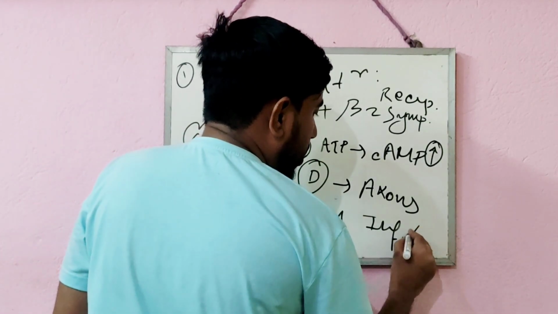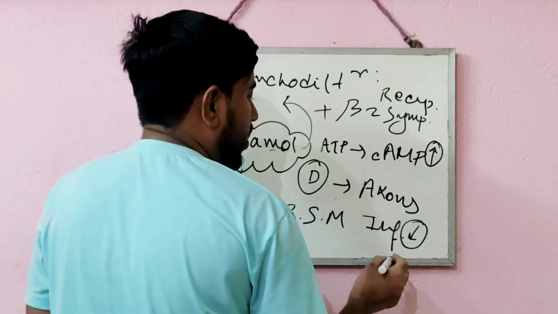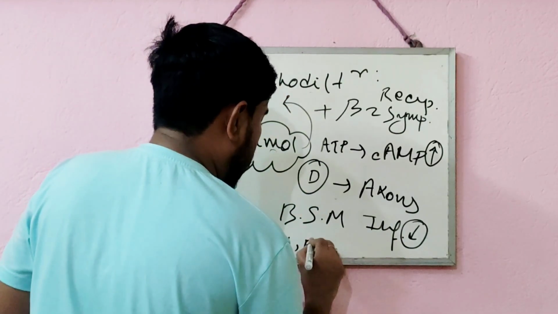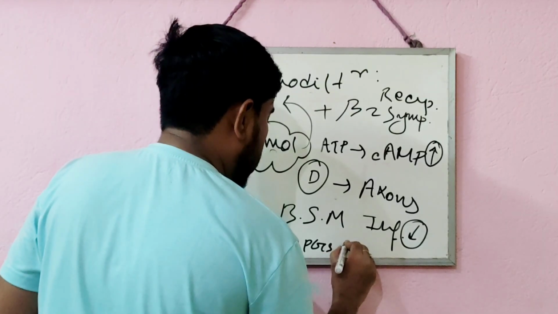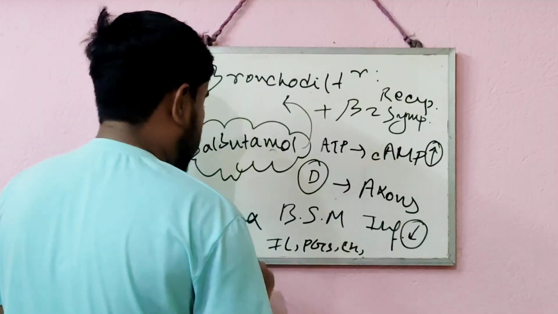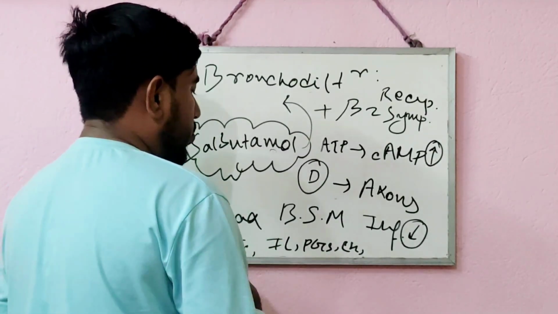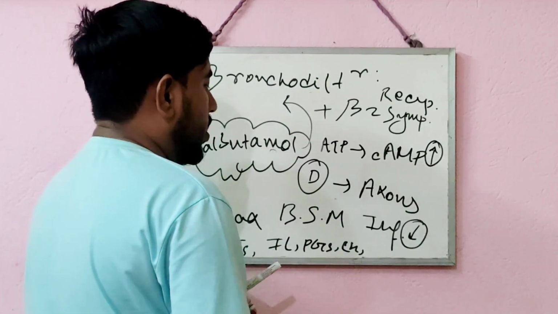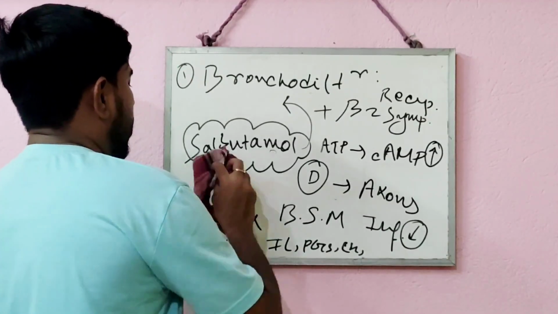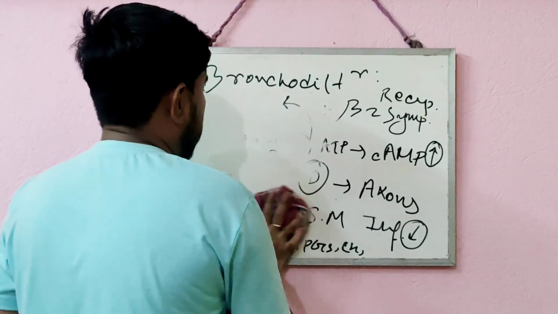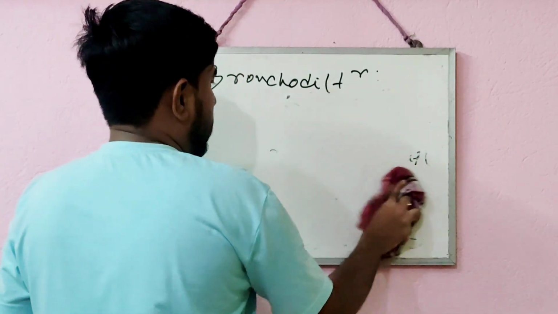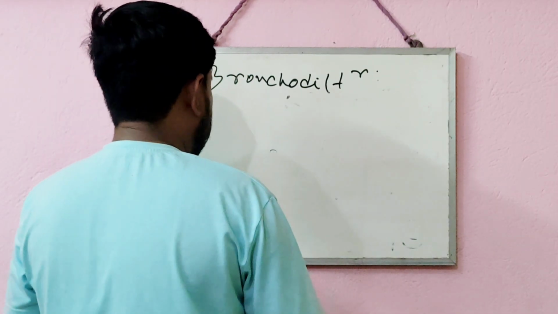It is going to decrease the formation of different inflammatory mediators like interleukins, prostaglandins, cytokines, then leukotrienes, etc. By the reduced formation of all these inflammatory mediators, it will lead to bronchodilation and it will treat asthma, and so is the anti-asthmatic reaction or antihistaminic property.